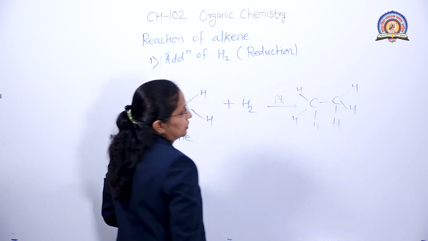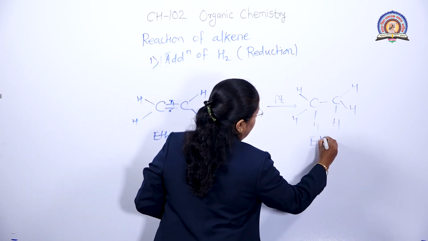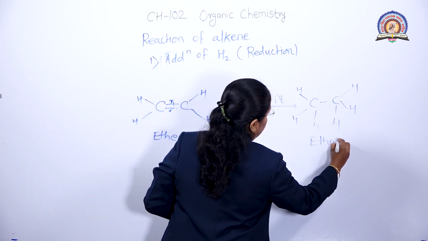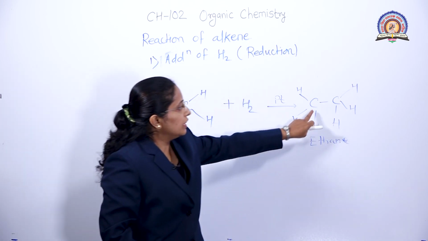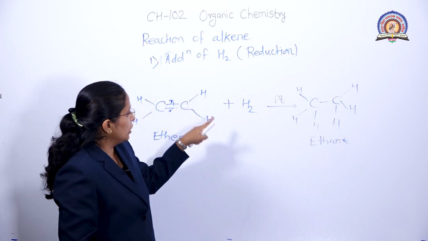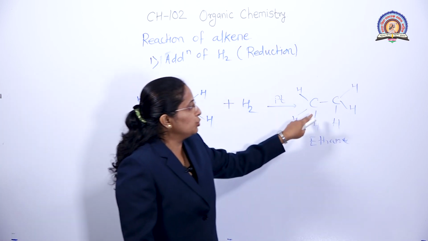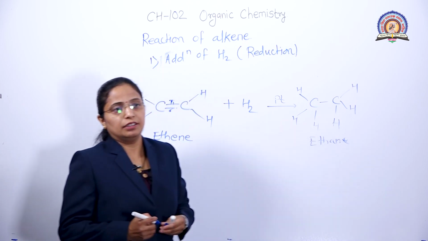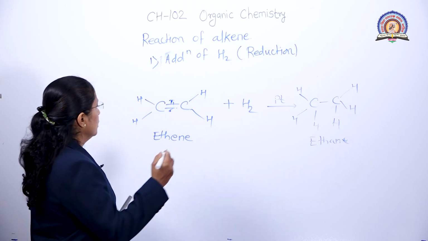So addition of H2 takes place and we get the ethane molecule. These two hydrogens form sigma bonds. Okay, let us take one more example.